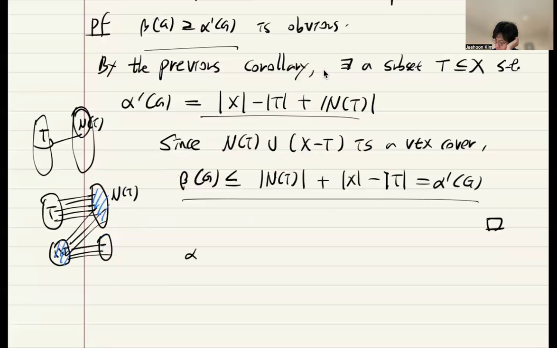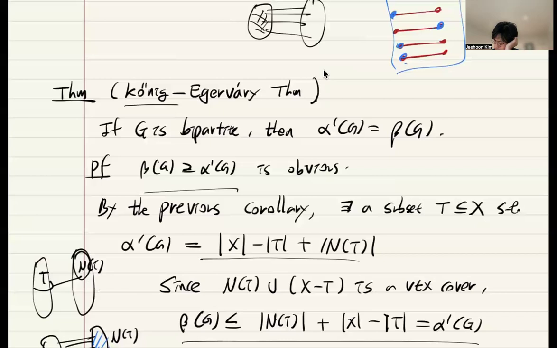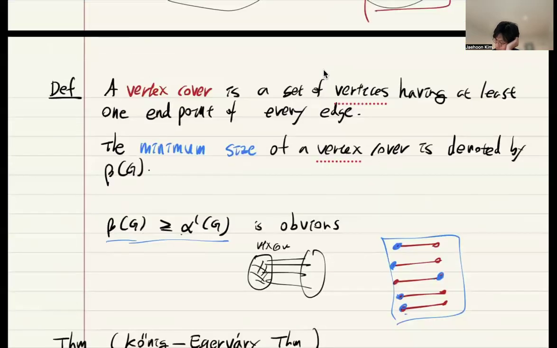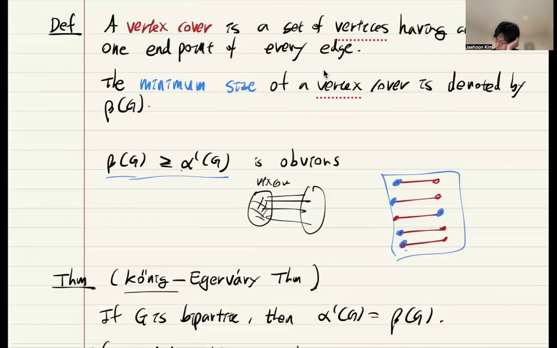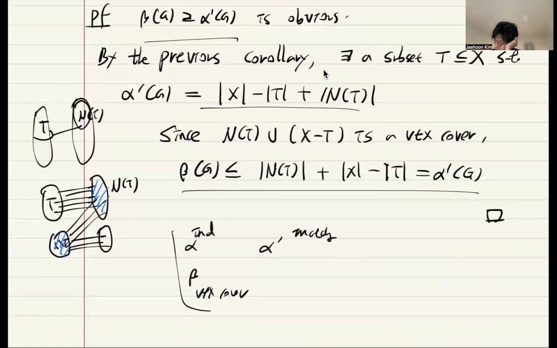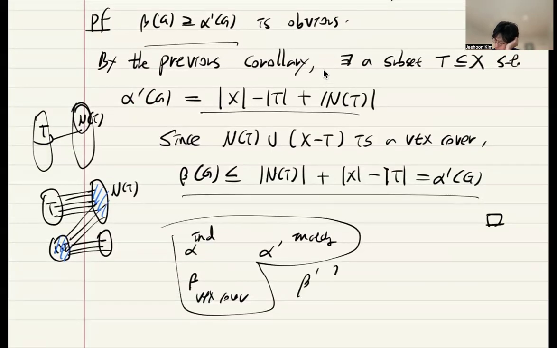So we have this alpha and alpha prime, which are the independence number and the matching number, and beta is the vertex cover number. And then a natural question is, is there a beta prime?